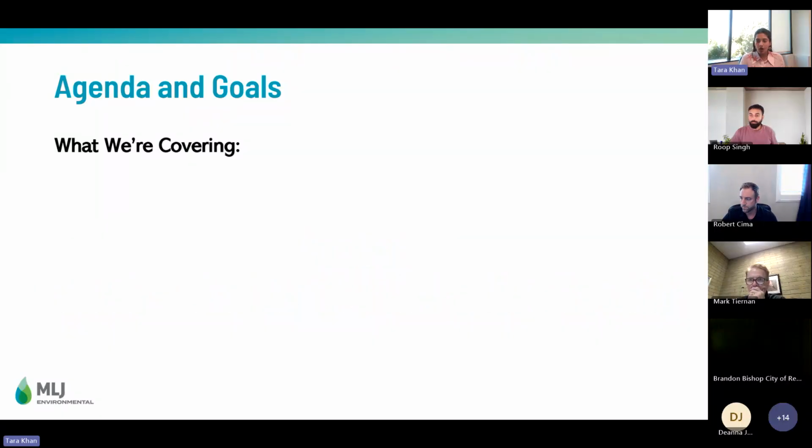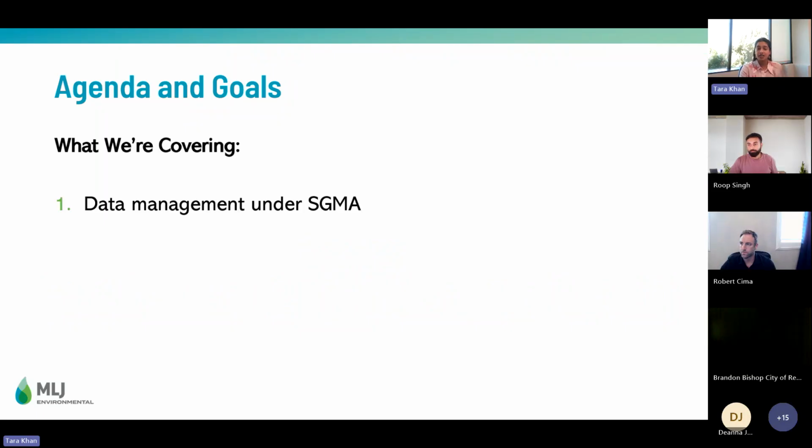Okay, so today is all about understanding the foundations of data management under Sigma. I know a lot of people already know about that, but it's the first session, so we're going to do a bit of backstory and how better data and better data management can help with compliance and can help keep groundwater management locally controlled.